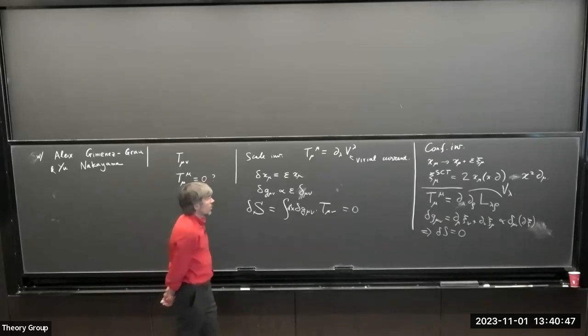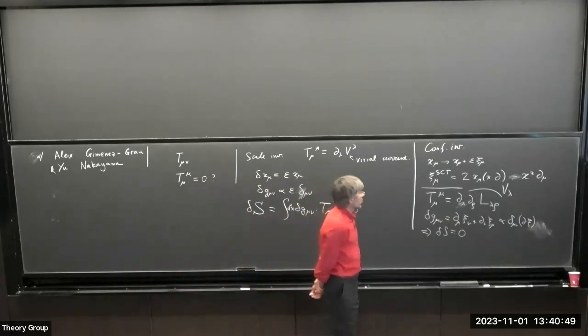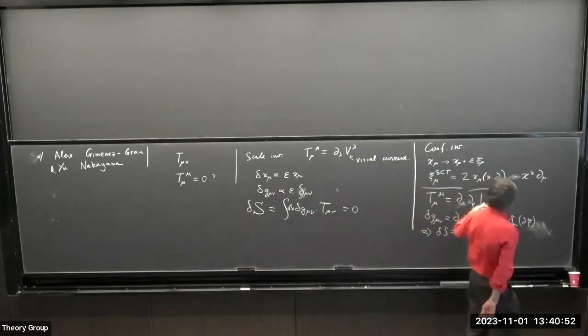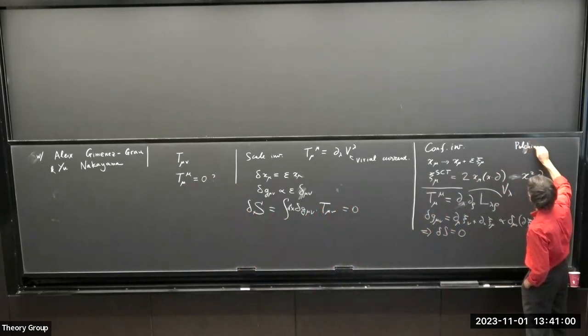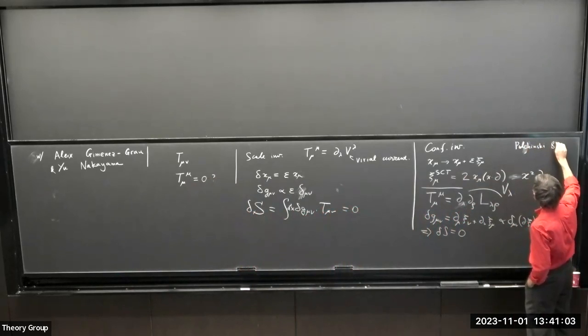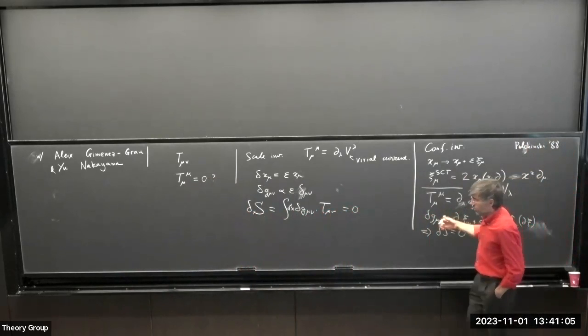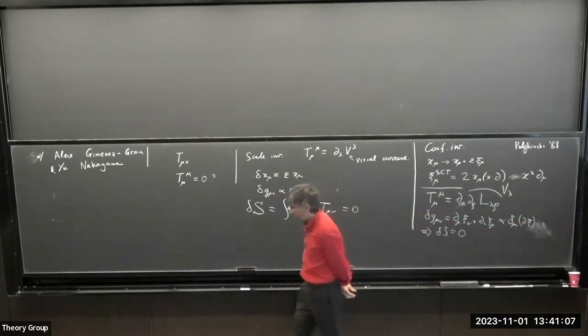So this whole story has been known for a long time. What I described here is written in a classic paper by Polchinski in '88. So it's a well-known story, even though it somehow didn't get into textbooks.